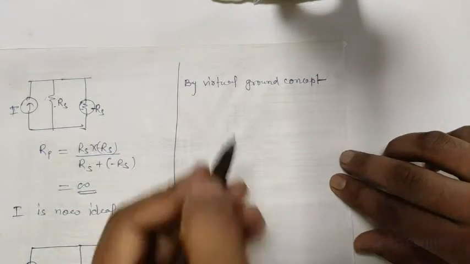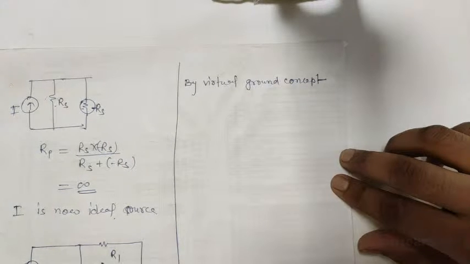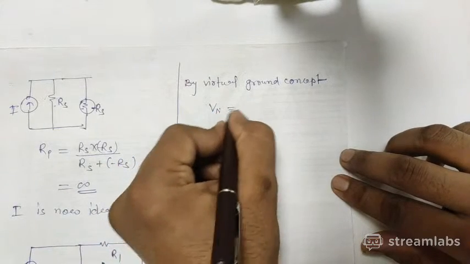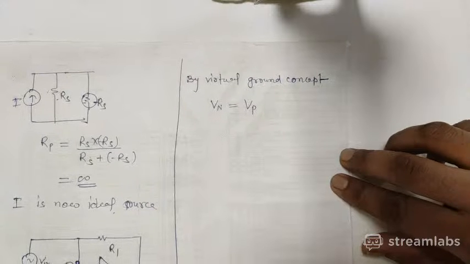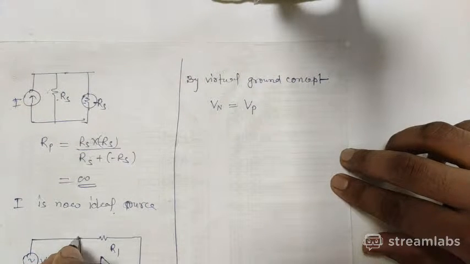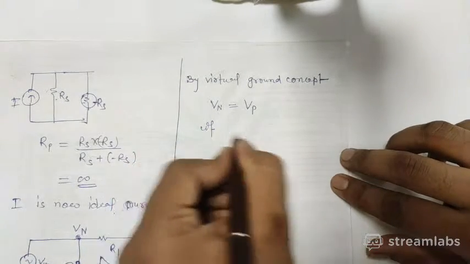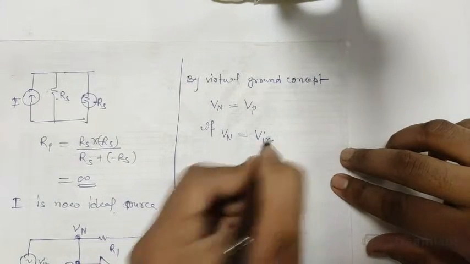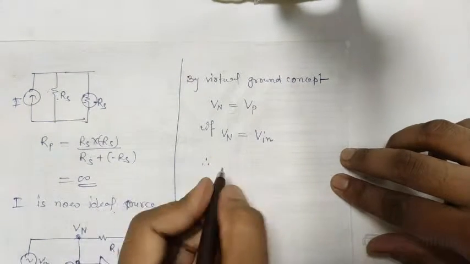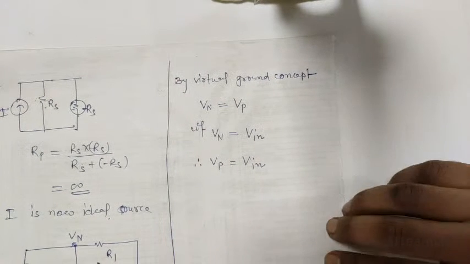This voltage at this node, I write it N, and this one P. So the voltage at node N will be equal to the voltage at node P. This voltage is also equal to the voltage at node N. As Vn is connected directly to the input, therefore Vp is also equal to Vn होगा.